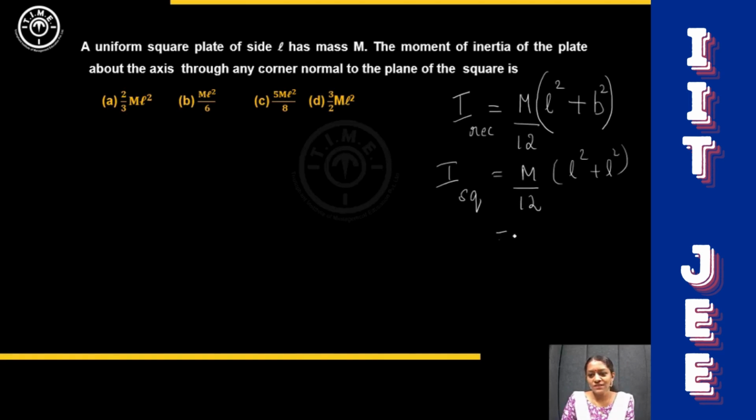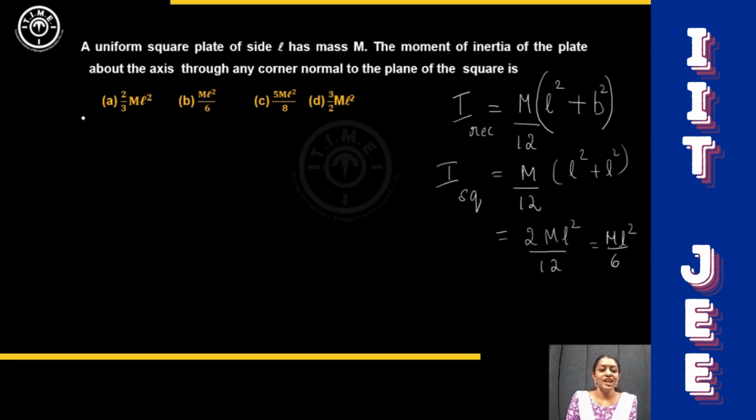So, this will give you 2ml square by 12, which is finally ml square by 6. So, learn the equation by heart. This is the equation to find the moment of inertia of a square plate or a square lamina of mass m and length L about an axis passing through its center and perpendicular to its plane.